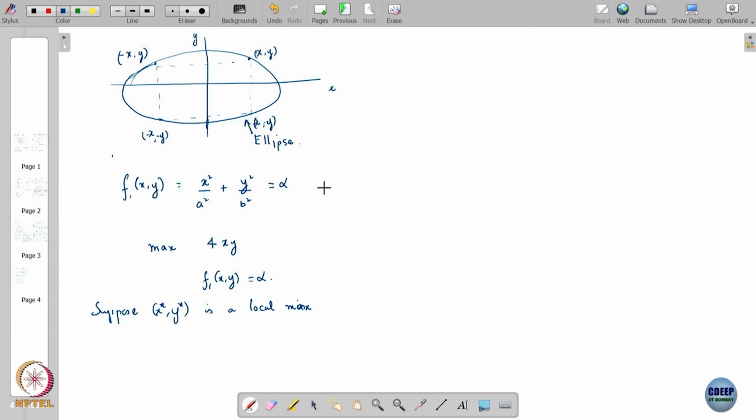I did not mention it, but it goes without saying that alpha is positive here. So, can I take either x star or y star as non-zero? Yes. If both of them are 0, then this equation will not be satisfied, right. So, the origin is not on the ellipse. Both of them 0 will not satisfy this equation.